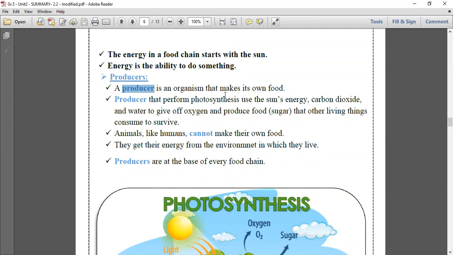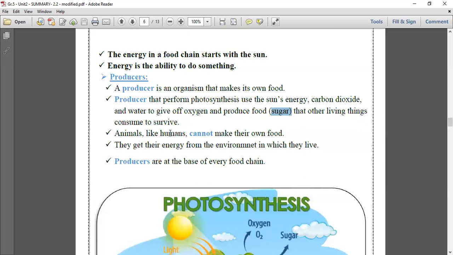Producers that perform photosynthesis use the sun's energy, carbon dioxide and water, to give off oxygen and produce food, which is the sugar named glucose, that other living things consume to survive. So producers are organisms that can make their own food.